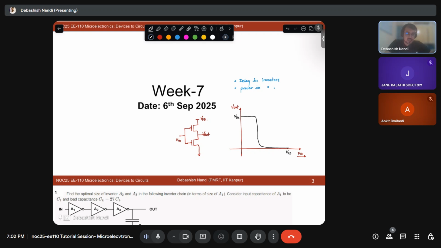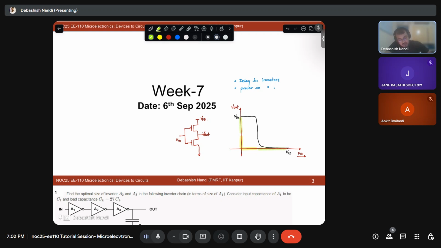So basically in digital circuits, what do we need to do? We need to distinguish between 0 and 1, right? So there should be some region which you call a 0, and there should be a certain region which you call 1.